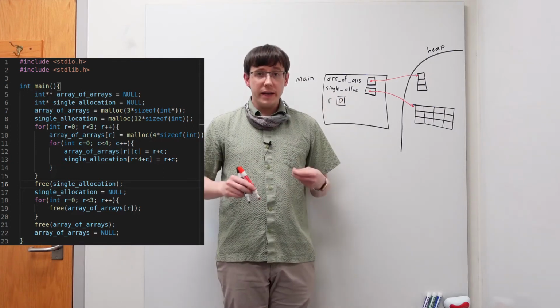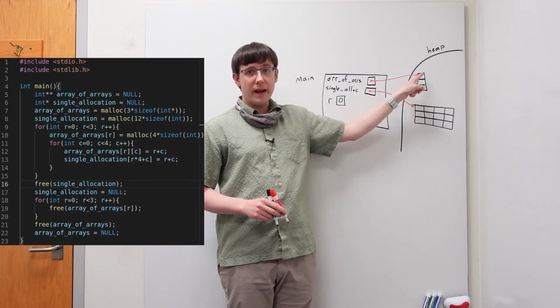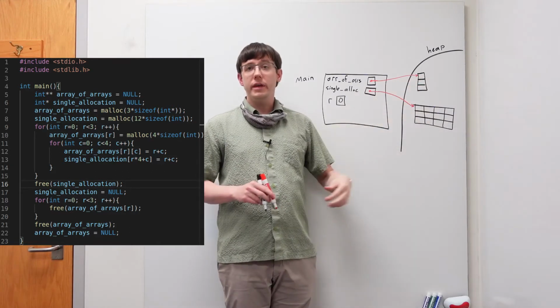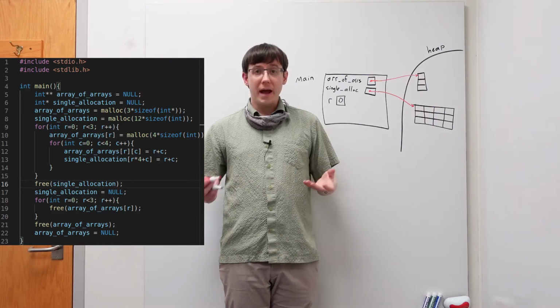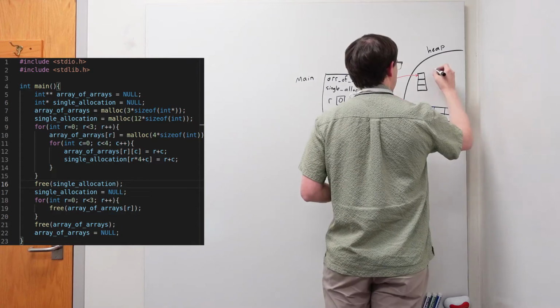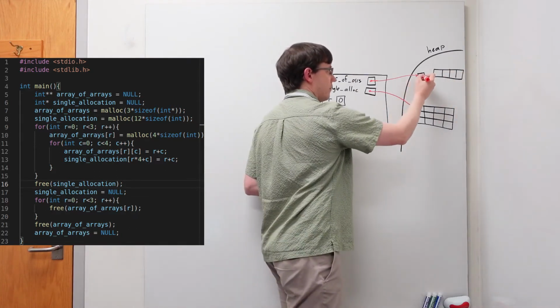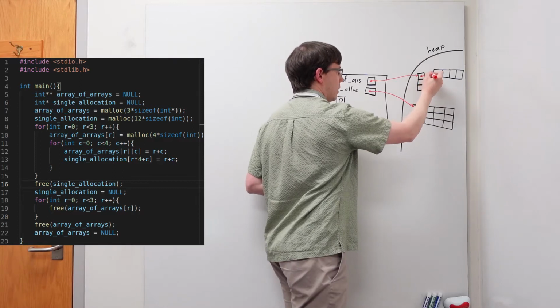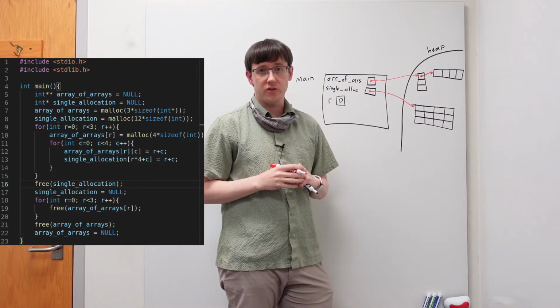And so we assign into the 0th element of the array of arrays the return value of a call to malloc. We are now mallocing space for 4 integers. And so after this assignment, the first int pointer now points to an array of 4 integers.